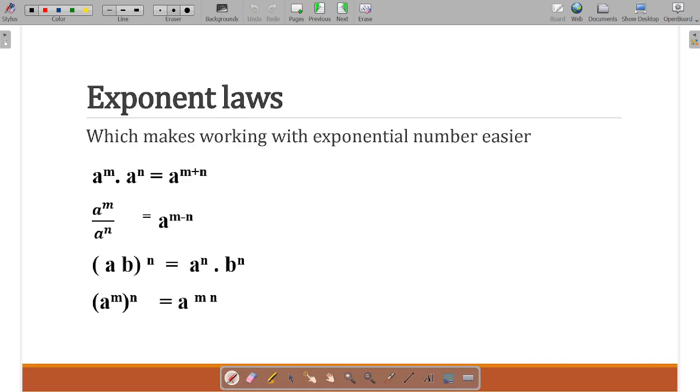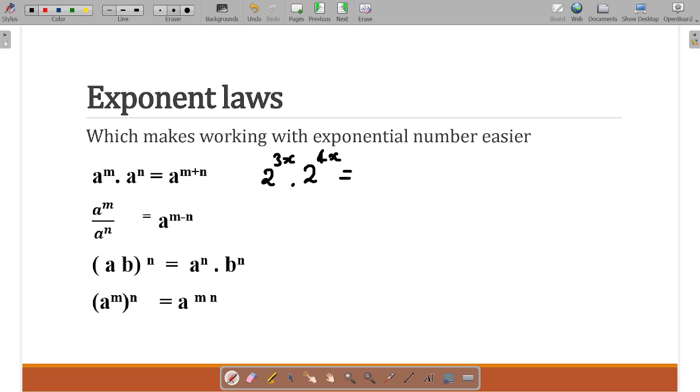Next, we are going to learn about the exponent laws, which make working with exponent numbers easier. Usually, a power m into a power n gives a power m plus n. Let's see an example. Suppose we have 2 power 3x, and we multiply it by 2 power 4x.